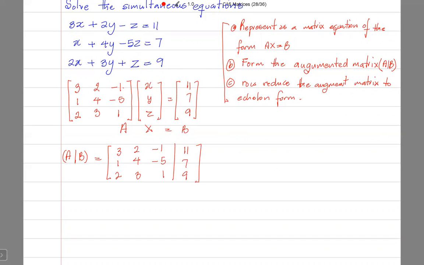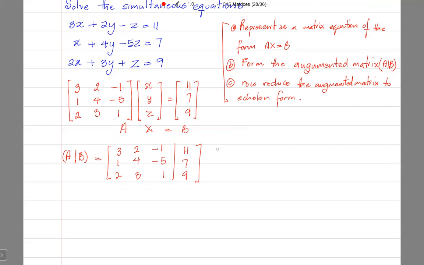All right, and now we're going to reduce the augmented matrix to echelon form. So let's make the first elements of the second and the third row be 0.